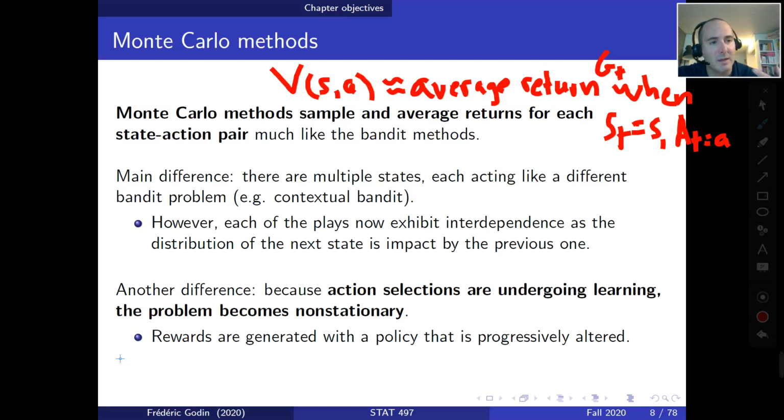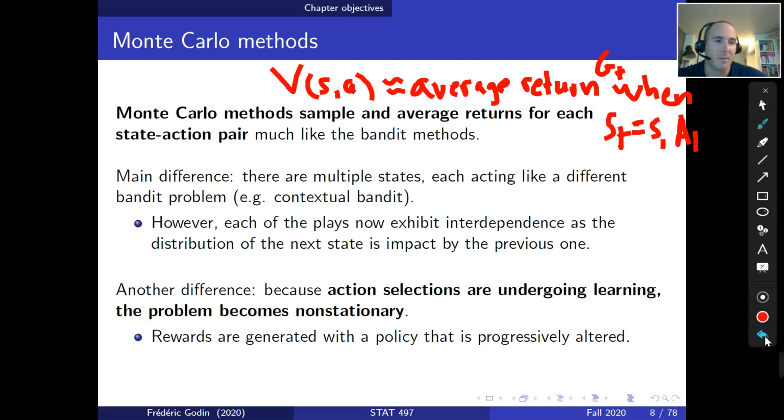When there's policy learning at the same time as you generate paths, then you have your distribution of rewards, and therefore the value of the various states, changing through time. So this is another difference between the Monte Carlo approaches we study in this chapter in comparison to the multi-armed bandit from chapter 2.